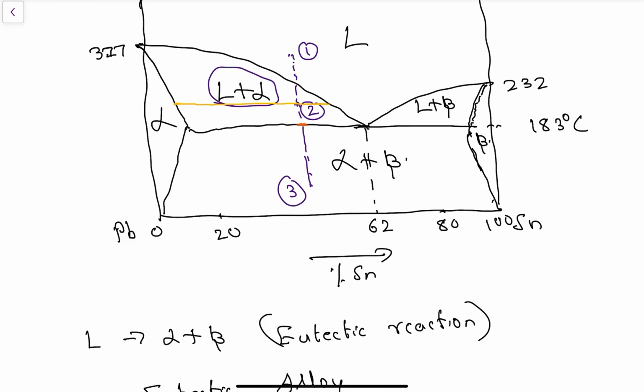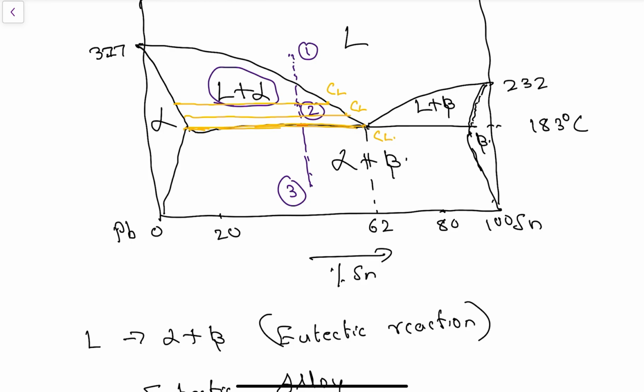As I come down like this, the liquid composition keeps changing, and finally the liquid fraction reaches zero. After that, there is no liquid. And this is how the composition of the liquid changes.